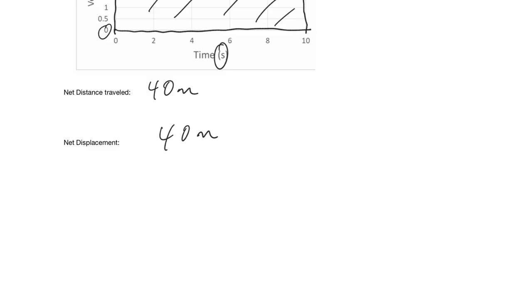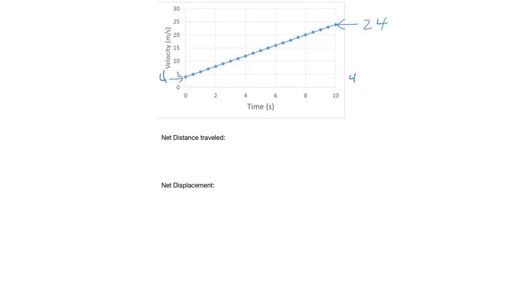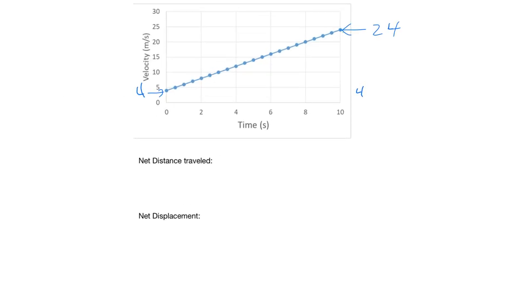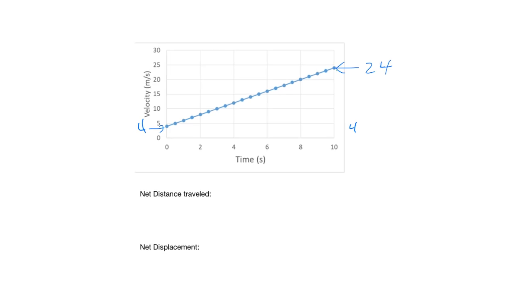Next. How about this one? What's the net distance traveled in the V versus T graph? So that looks like 4. So the base is 10.